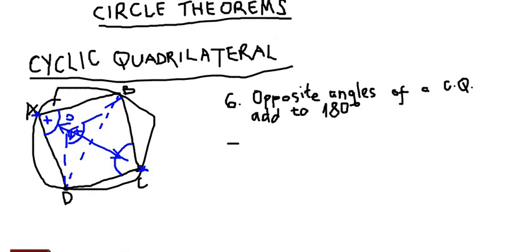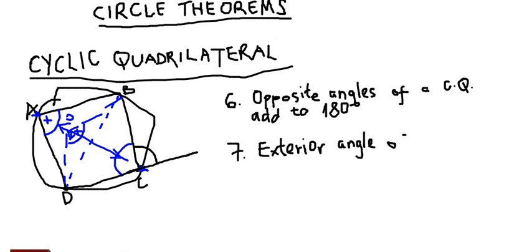And then theorem number 7, also based on the cyclic quadrilateral, states that if you extend one side of the cyclic quadrilateral to create an exterior angle, which means an angle outside that cyclic quadrilateral, that exterior angle will be equal to the angle which is inside but opposite.